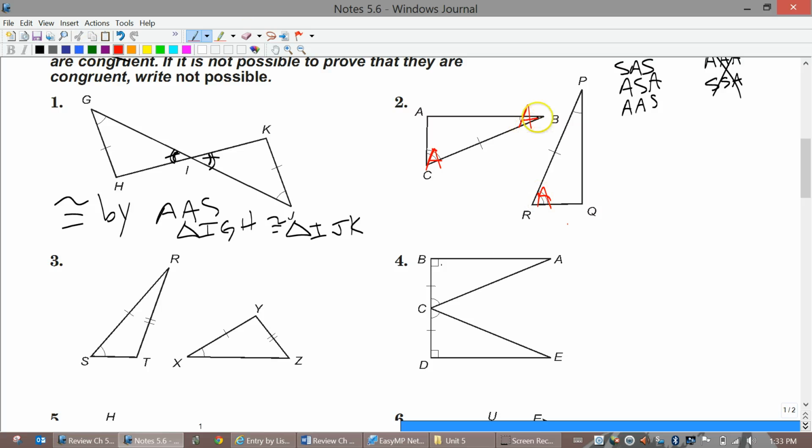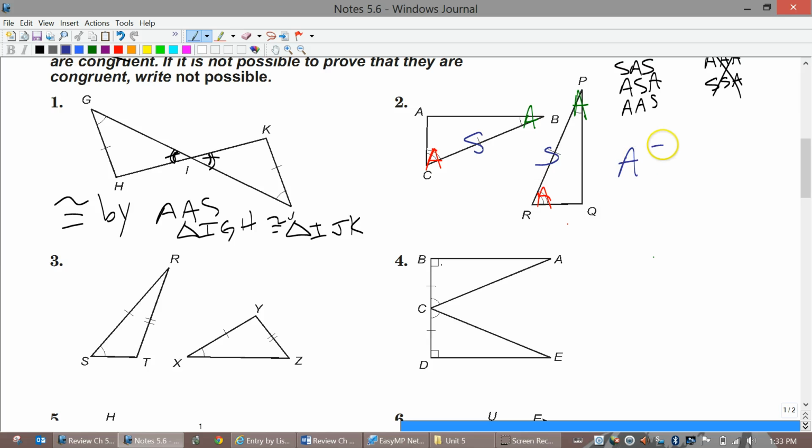Oh, I wanted that to be green. That's another set right there, right? And then we have a set of sides, right? Those sides are between those 2 angles, aren't they? Are they included in between the 2 angles?